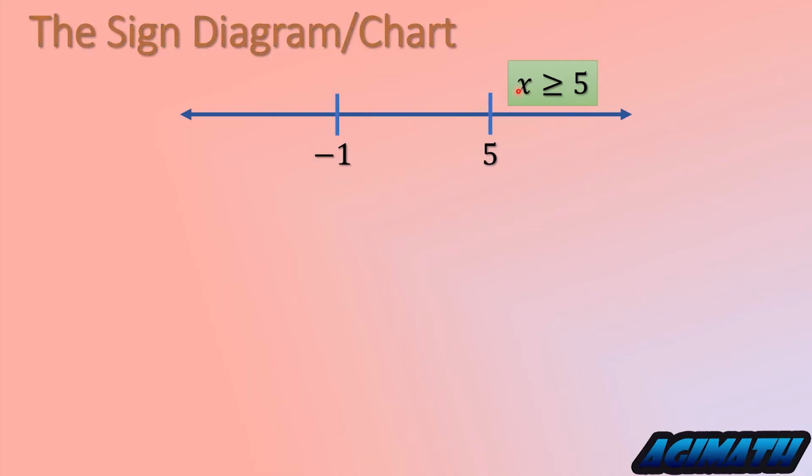So let us start with the rightmost. We have x is greater than or equal to 5, meaning from this boundary going to the right, x could be greater than or equal to 5, meaning 5 is included, and then x should be greater than, meaning you can have 5.1, 5.6, 6, 7, until positive infinity, meaning this line is extending infinitely towards the right.